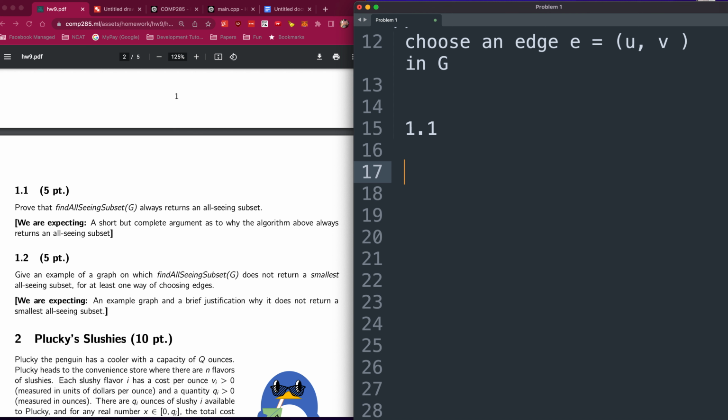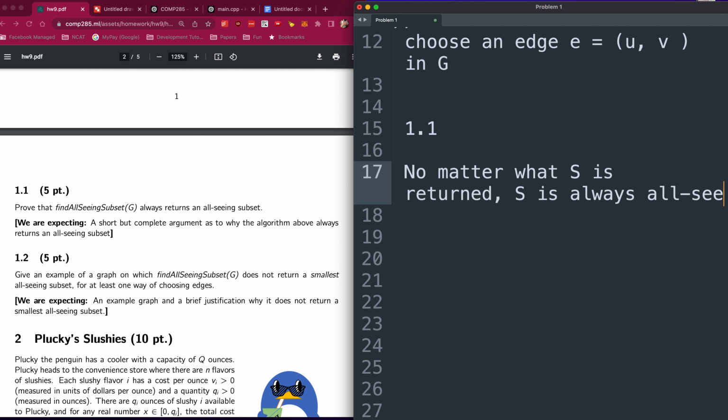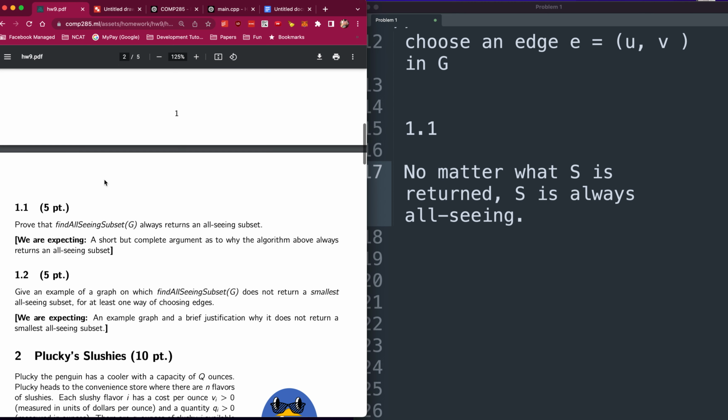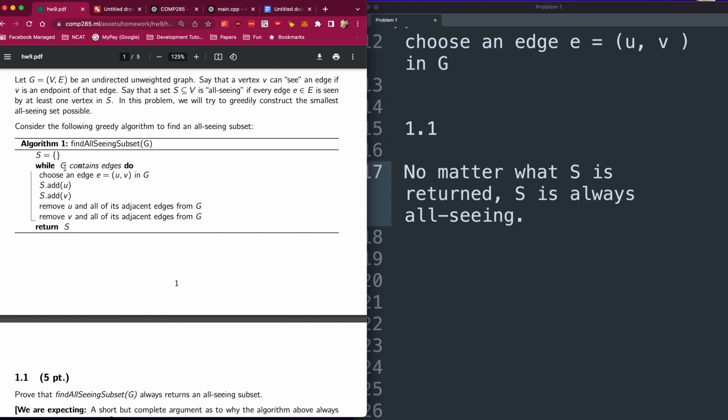So basically you want to show that no matter what S is returned, S is always all seen. And this should be pretty easy for you guys to see. I'll encourage you to pause the video and think for a second, why is it that this algorithm will always return a subset of vertices that sees all the edges?